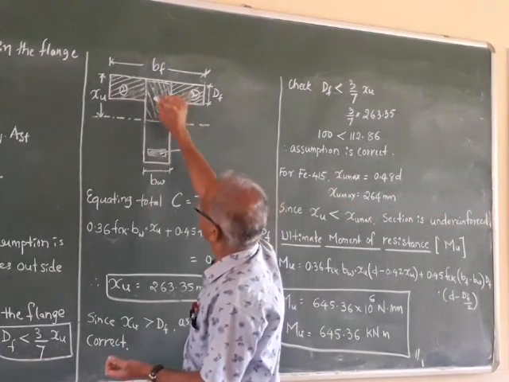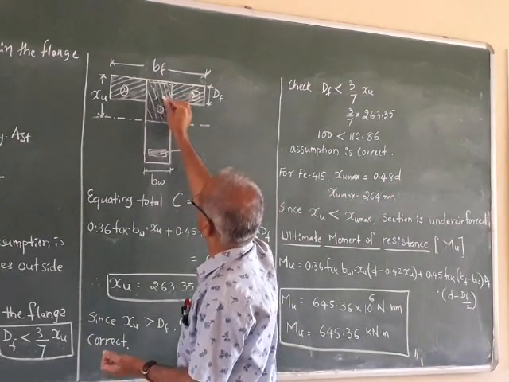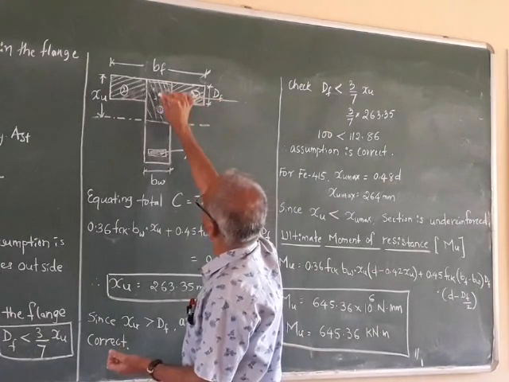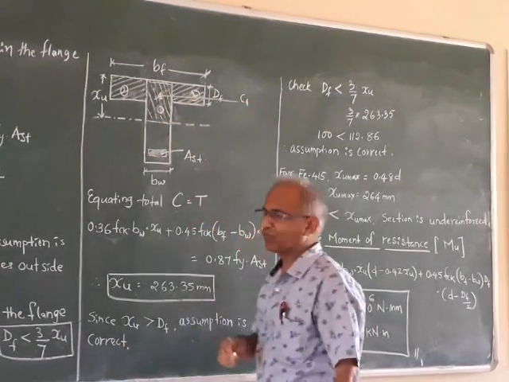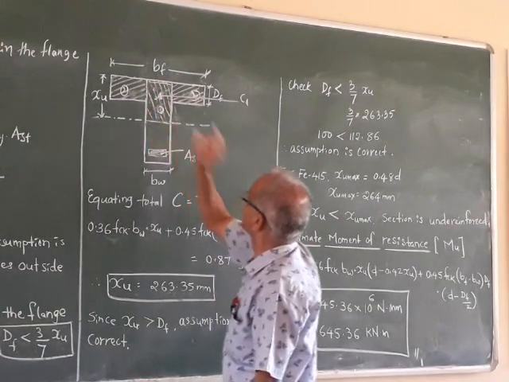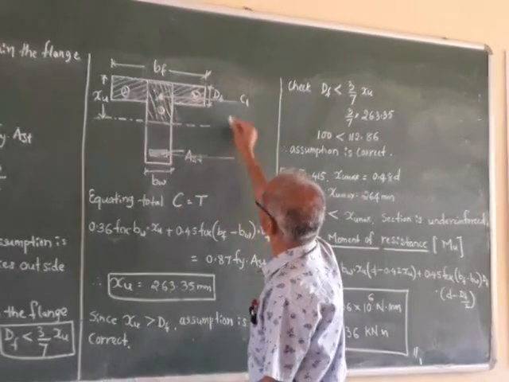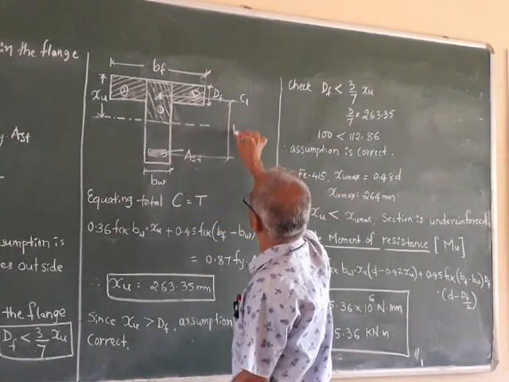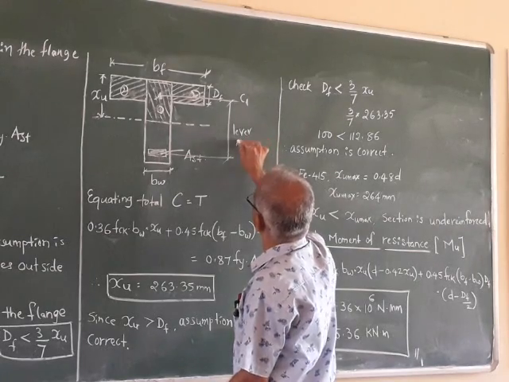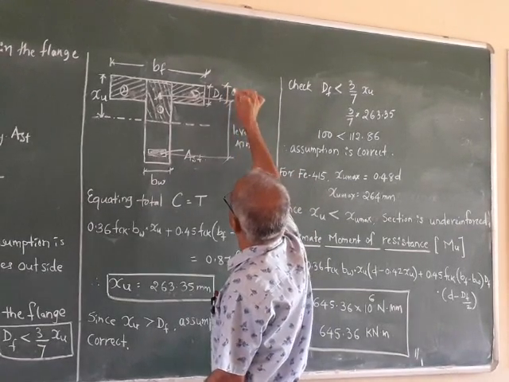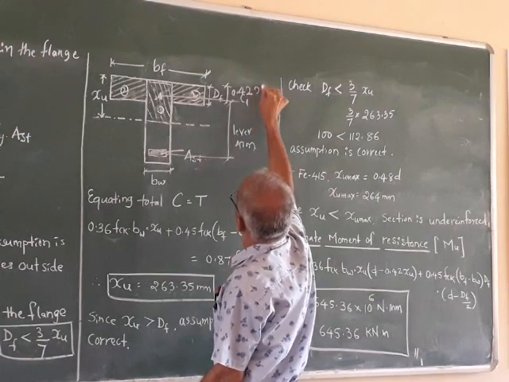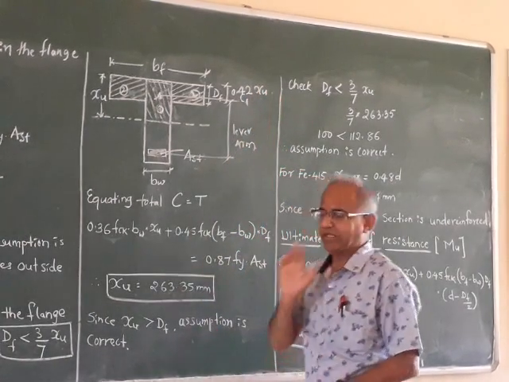Now for this rectangle, this is the C1 force, and this portion is the lever arm, and we know that this will be 0.42 XU.